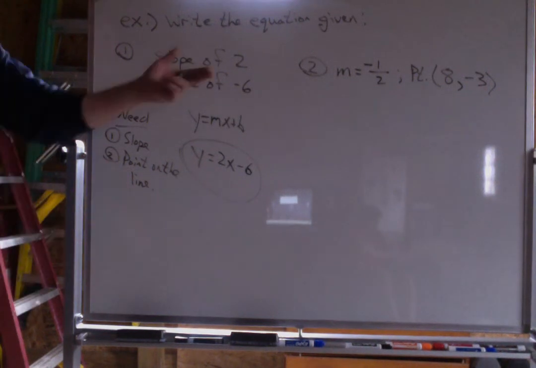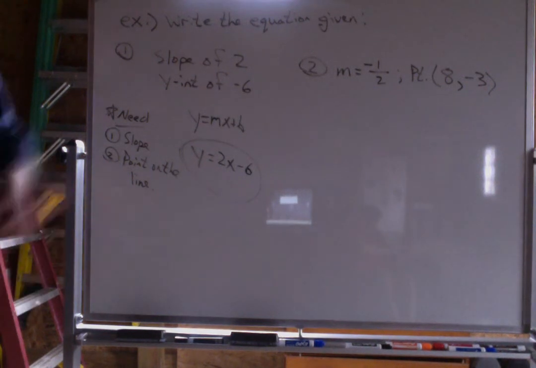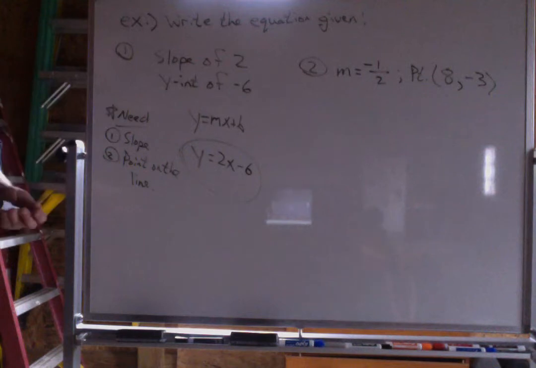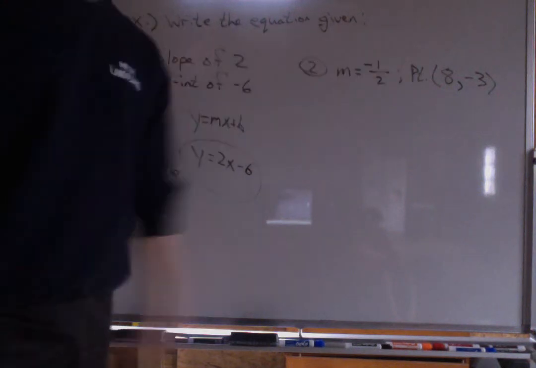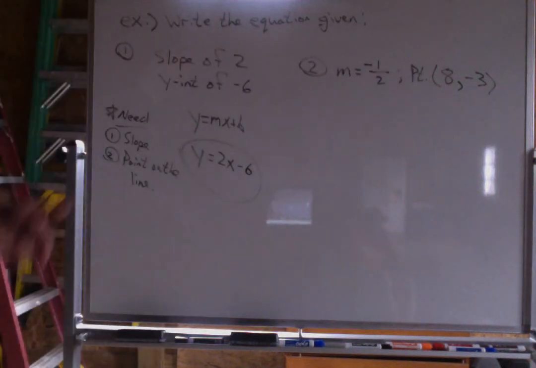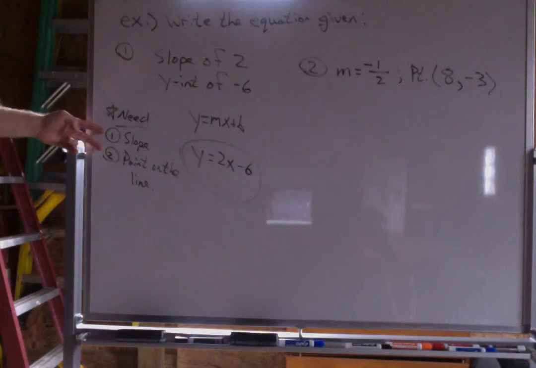The second one, this one a little bit more work involved. There's going to be that intermediate step that I alluded to earlier. We're given the slope and we're given a point on the line that is not the y-intercept. However, we still do have the two pieces of information we always have to have for these problems. We just have to use a different form to get there to our final answer.